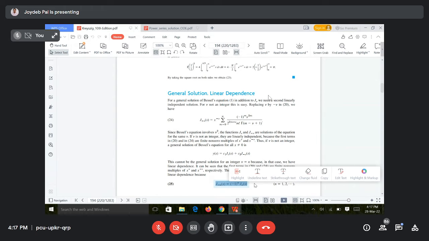Do you understand or not? Yes. J of minus n is equal to minus 1 to the power n into J n. Now, can you tell me if n is a positive integer, then J of minus n and J n, are they linearly dependent or independent?